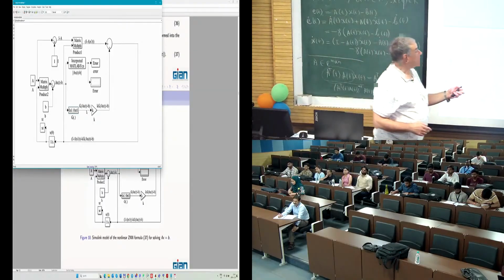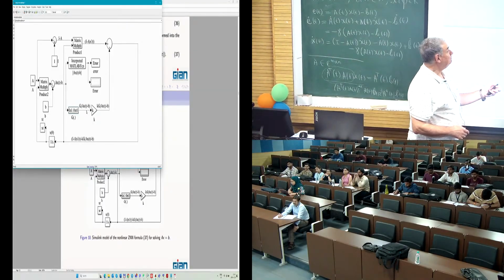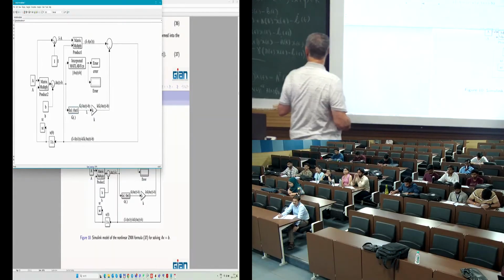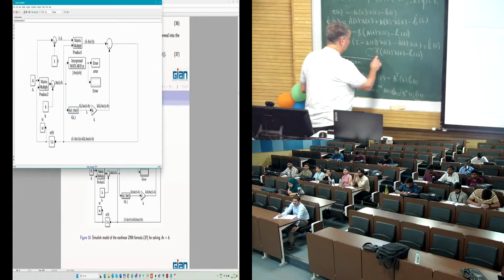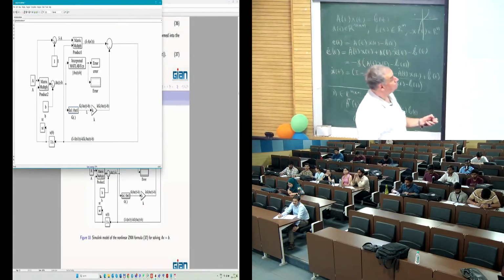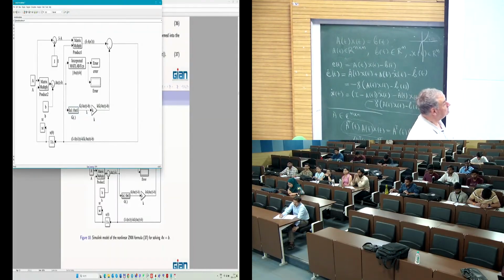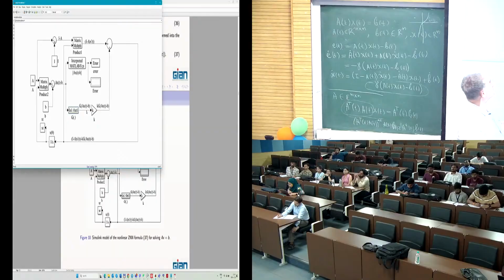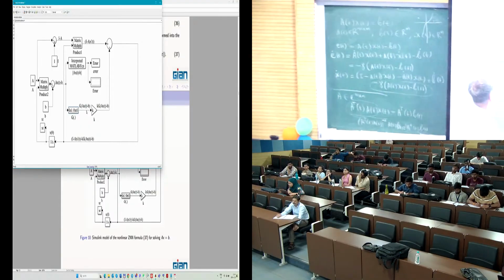Output is nonlinear. We will use gamma. And here is minus gamma. The output is gamma, but here is sign minus, which will give minus gamma, and we need identity minus A times X dot.